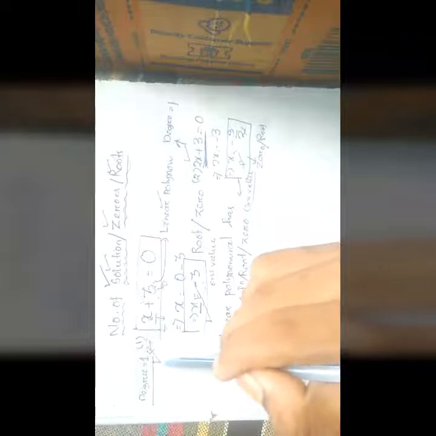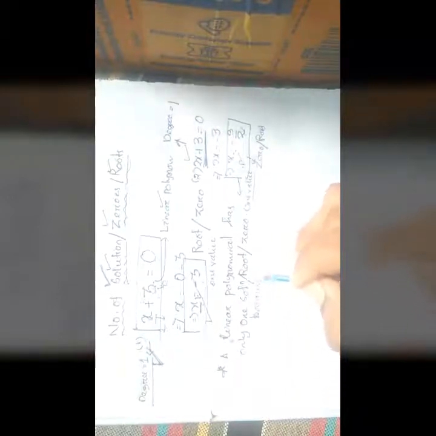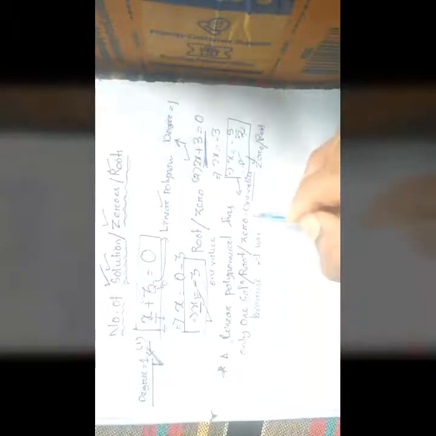Clear? Linear polynomial means it has degree 1. Since it has degree 1, that means it has only one zero. I am writing here because it has degree 1. Clear? Now taking one more example. As in the previous classes we have studied, x square plus 3x plus 2 can be written as x plus 1 into x plus 2.